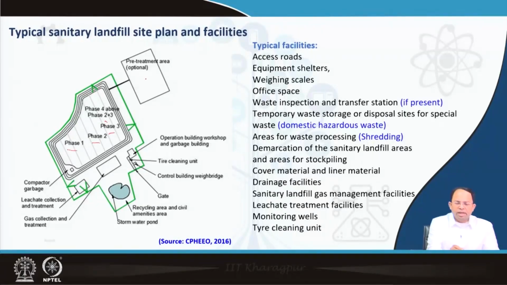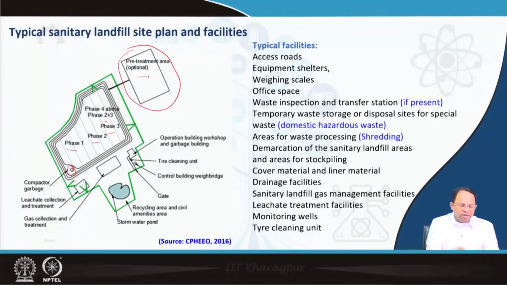Then there are pre-treatment areas. If I want to do some sorting of the waste or some amount of recycling, that could be done. So that's a pre-treatment area, a big center over here. Then we could use a compactor, so that before we put in the garbage, we can first compact it and then put it inside. So we can install a compactor over here.